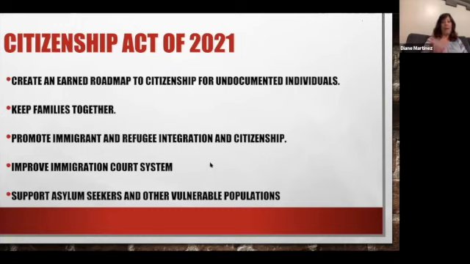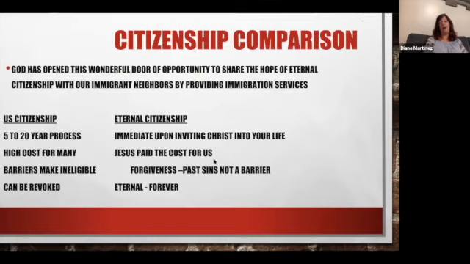And then again, we talked about support for asylum seekers and other vulnerable populations that would then allow them as well. So this is the part I love to talk about. When God opened up the door to do Immigrant Hope, many people were like, why are you doing an immigration program?